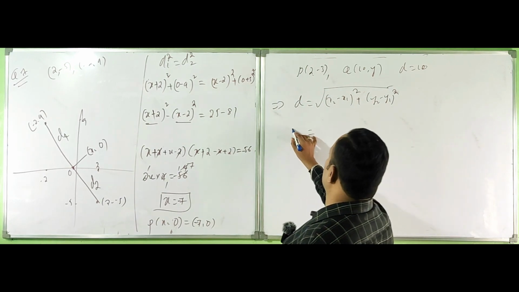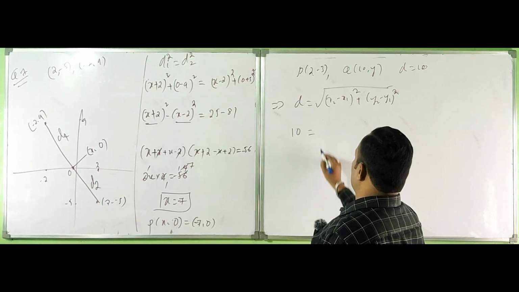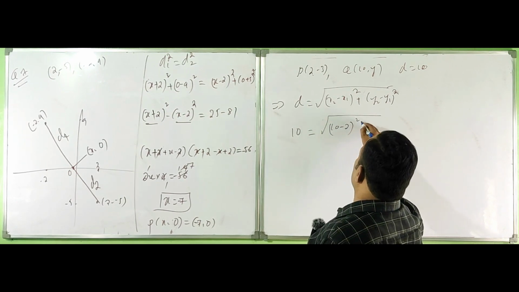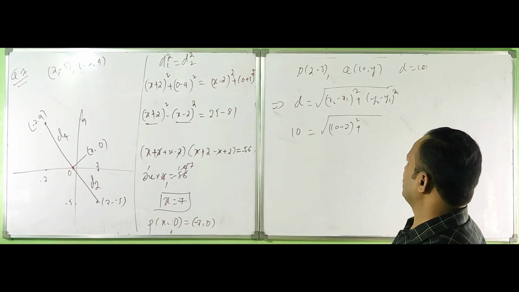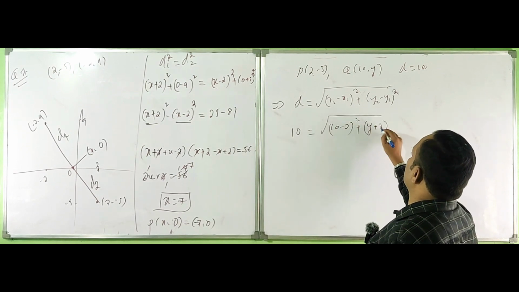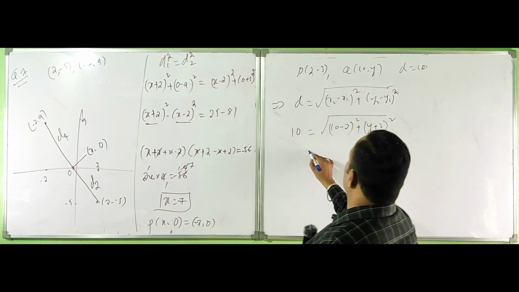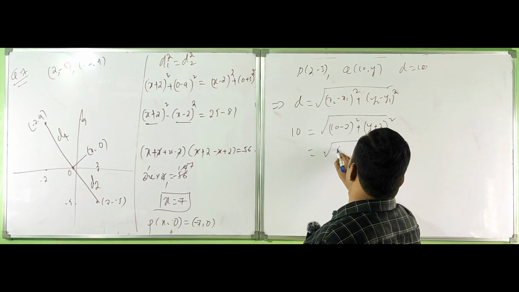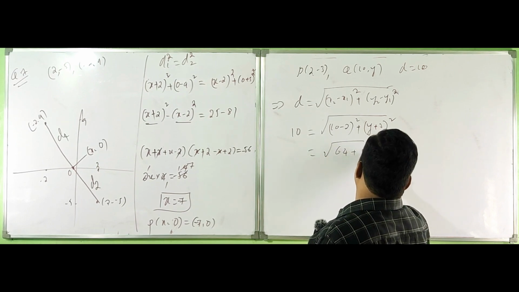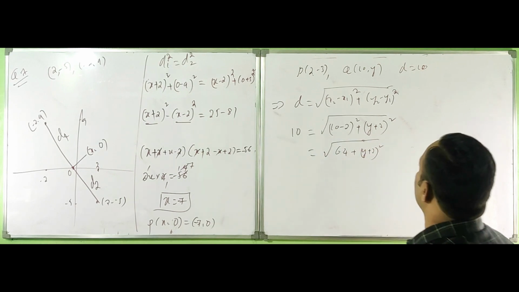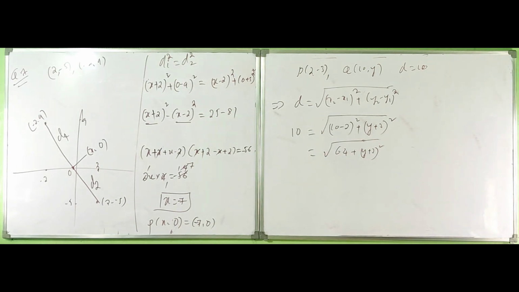Just put the values, 10 is given. So this is square root of (10 minus 2) whole square plus (y plus 3) whole square, which is equal to square root of 64 plus (y plus 3) whole square, right?